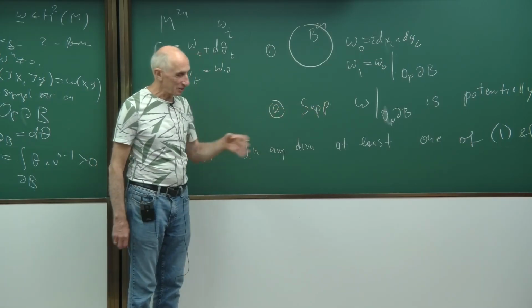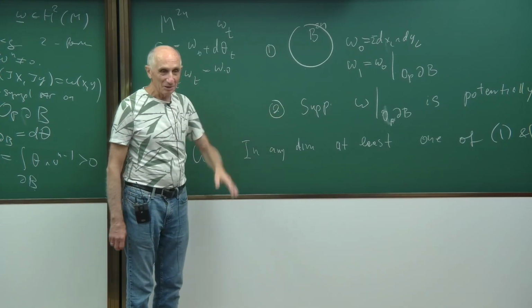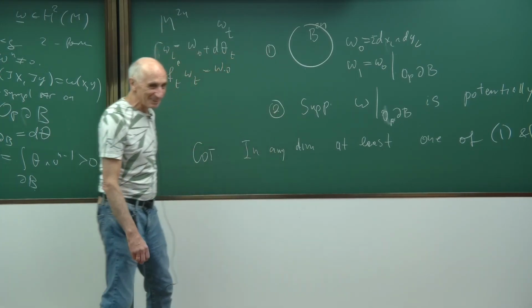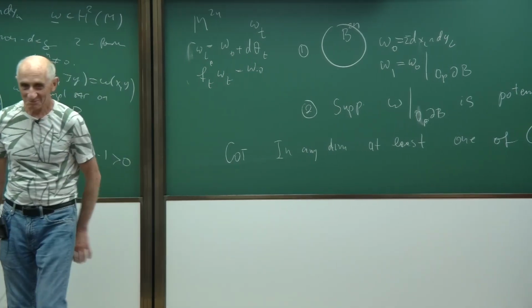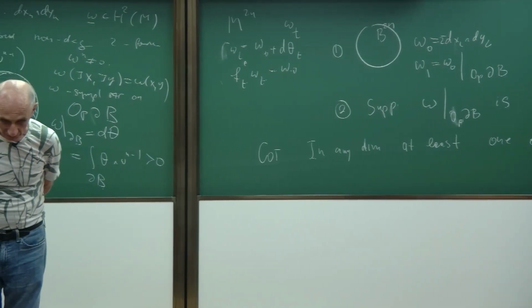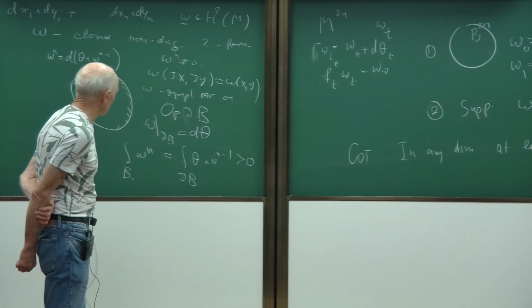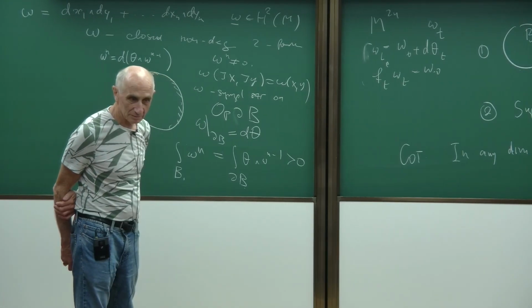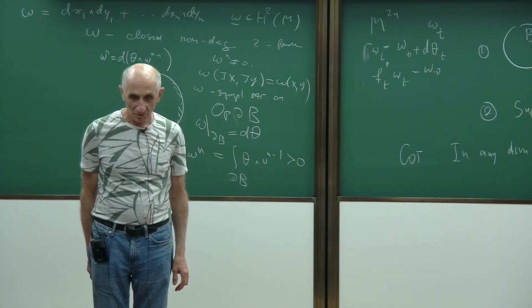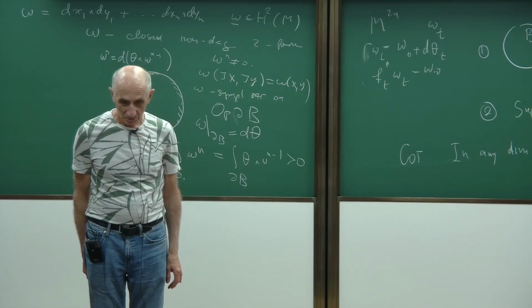If there is an obstruction, then of course we cannot extend it. But you assume that there are no obstructions. These are soft obstructions. Suppose this obstruction vanishes.